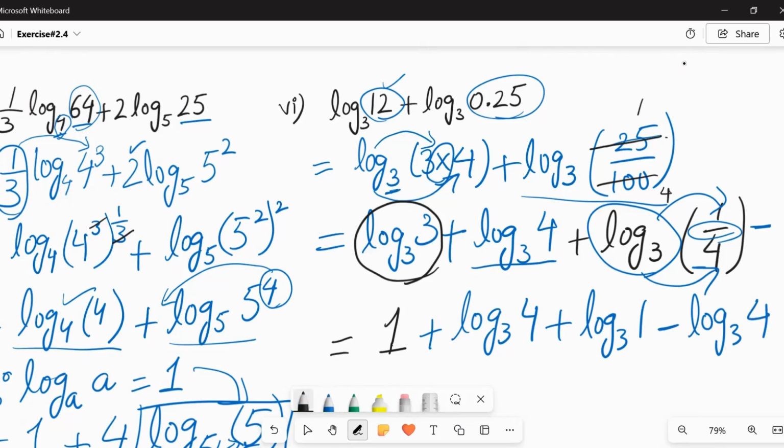Now see, we have two similar terms with an opposite sign, so we'll cancel out these two terms.